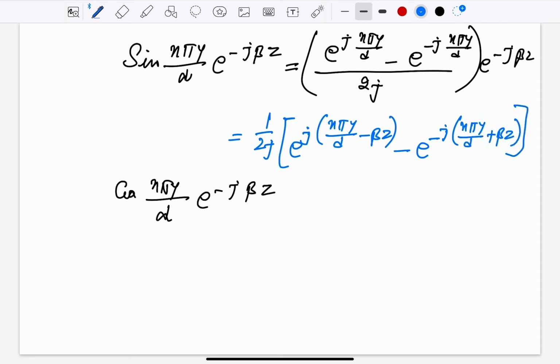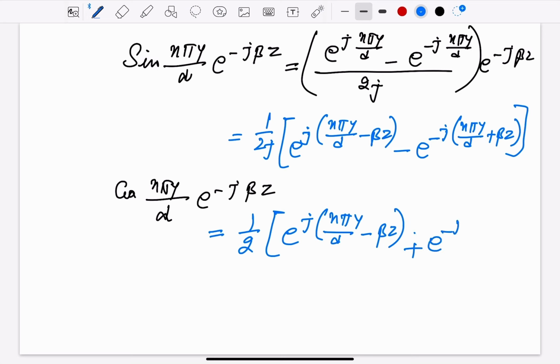Fine, yes, we can write. And similarly, this equation can also be written as half of e to the power j n pi y by d minus beta z plus e to the power minus j n pi y by d plus beta z.